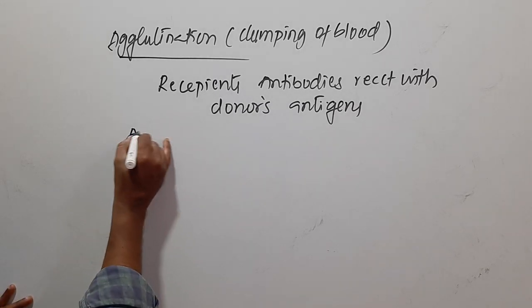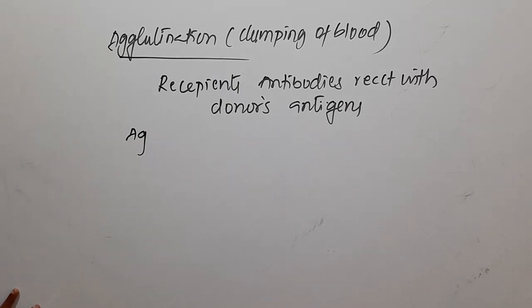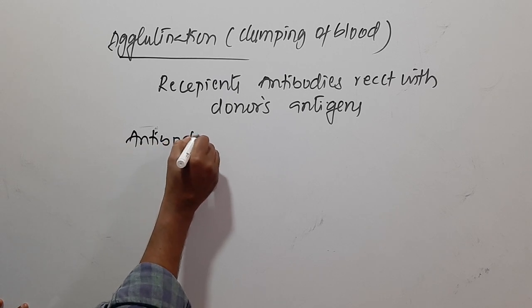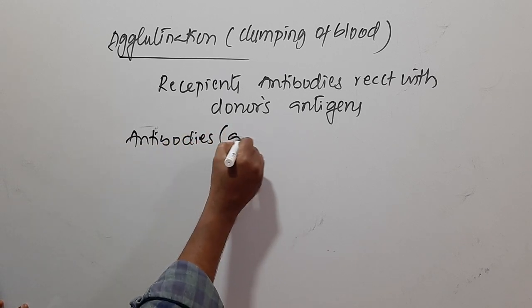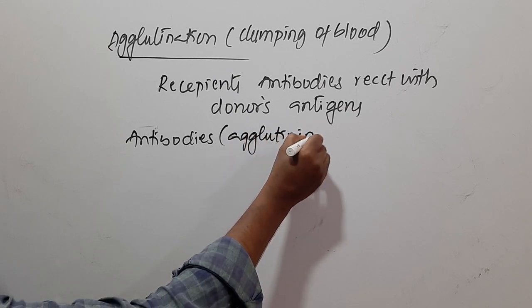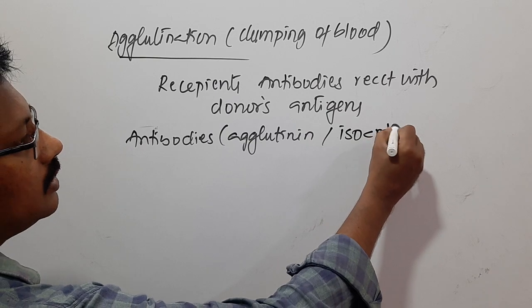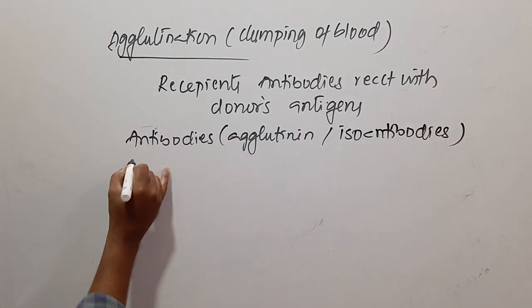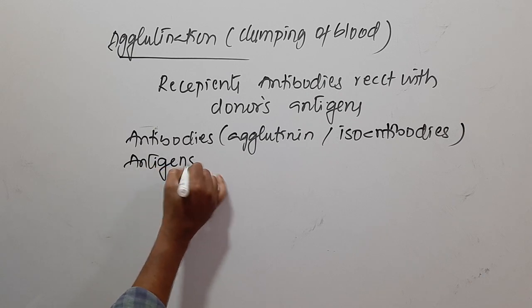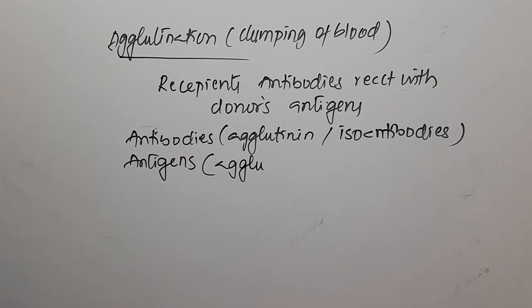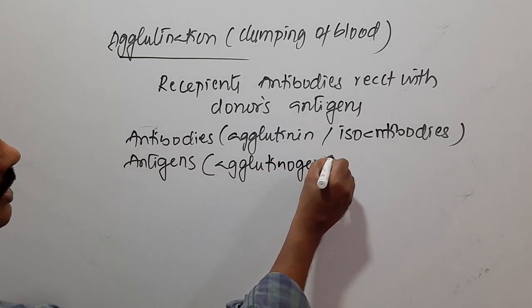Here I'll give you a few more words. These antibodies are also called agglutinins. Antibodies, we have another name: agglutinin, or you can also use another word, isoantibodies. Whereas for antigens, we use another word, agglutinogens.